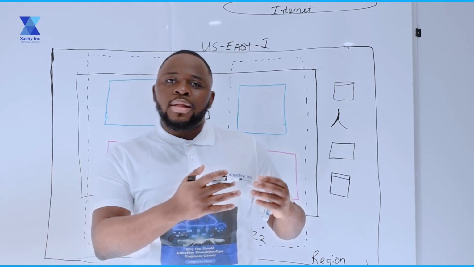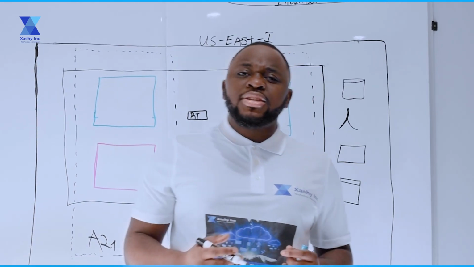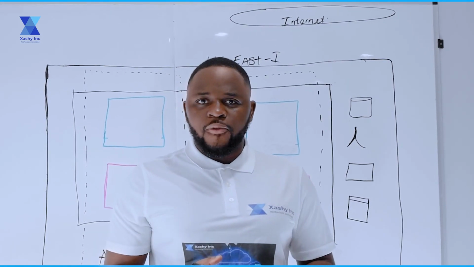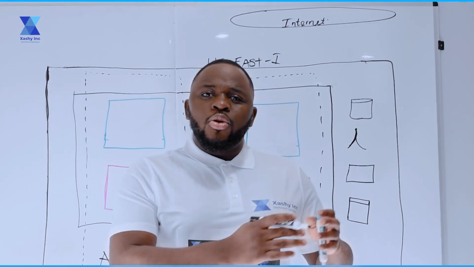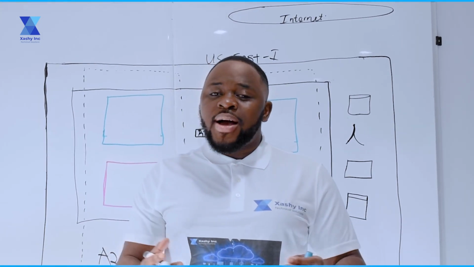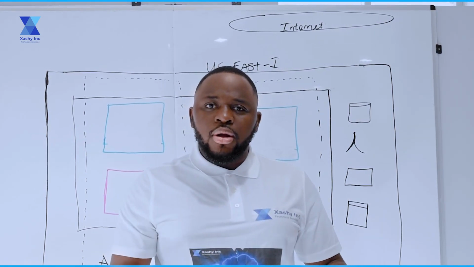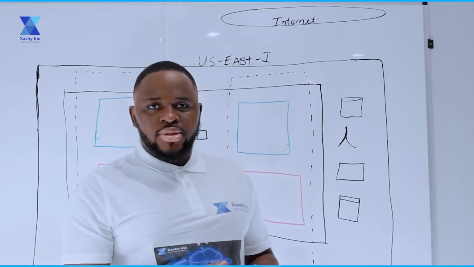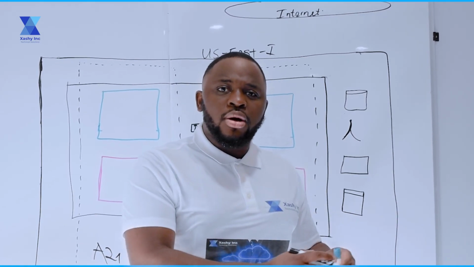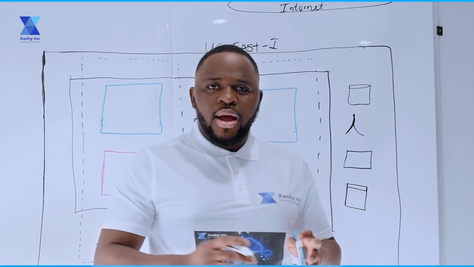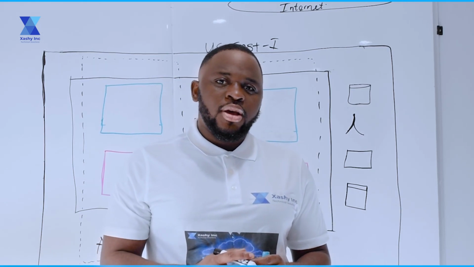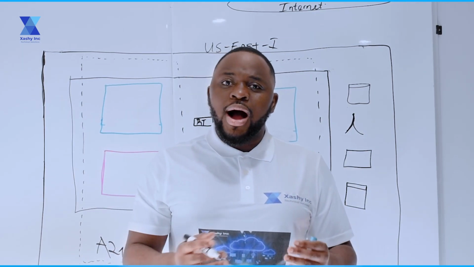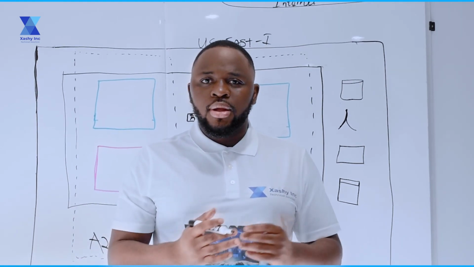What is an IP address? An IP address is just a unique identifier of a resource within your VPC. When you launch devices, or when you have devices talking within a network, those devices make use of an IP address. So each device in the network is going to be assigned a private IP address. It is with the private IP address that devices in your VPC network are going to be able to talk to each other within that network.